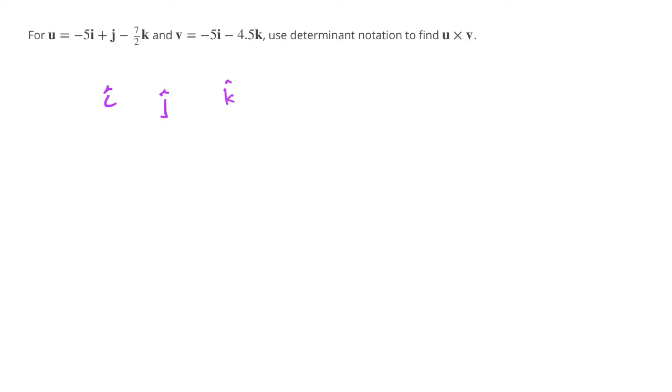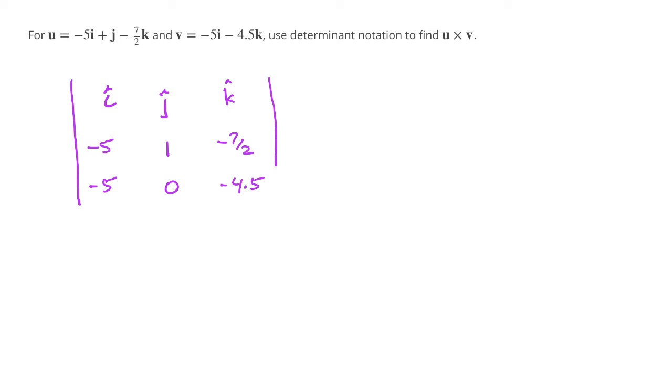Then we put our vector u on the second row because we're computing u cross v. So that will be a -5, and then we have a 1, and we have a -7/2. And then finally, for our v, we have a value of -5 in the i direction, 0 in the j direction, and a -4.5 in the k direction.